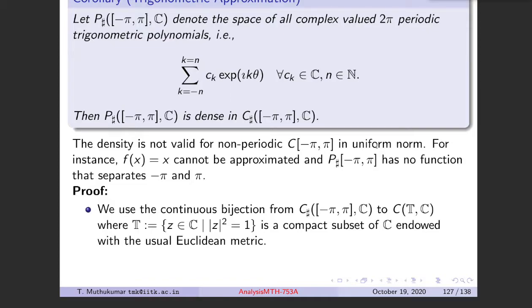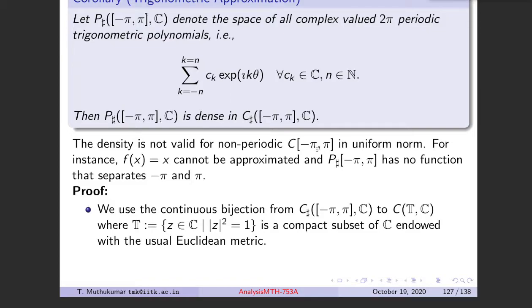And that is precisely what you do in a Fourier series. What Fourier series tells you is that you can do this trigonometric approximation not in the uniform norm, but in the L2 norm. If you do it in the L2 norm, then you can approximate even a non-periodic function and even continuous functions and so on.